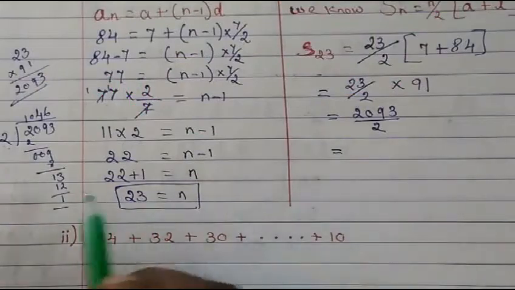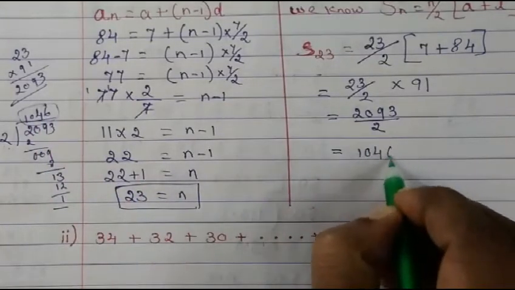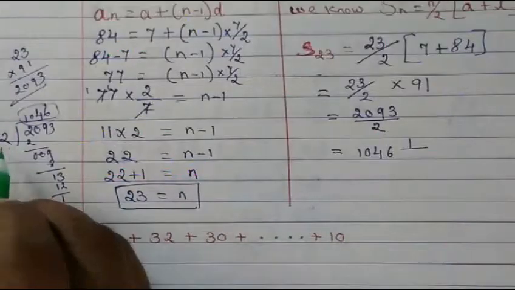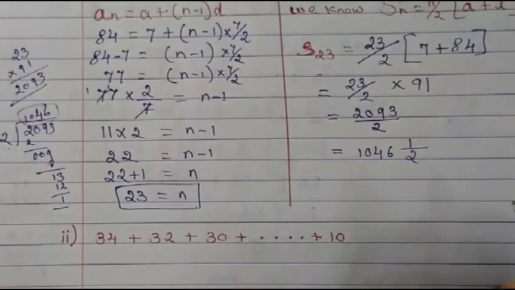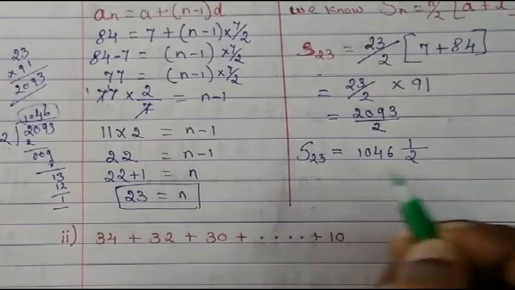So how will we write the quotient? We will write here 1046, and the remainder we will write in the numerator, and the divisor will be here in the denominator. So this is our sum of 23 terms.